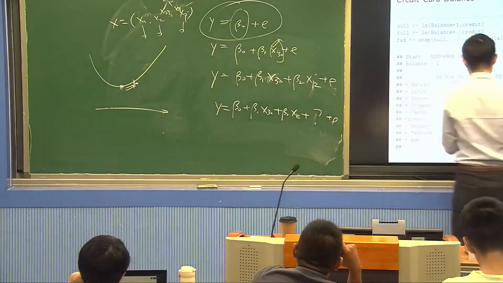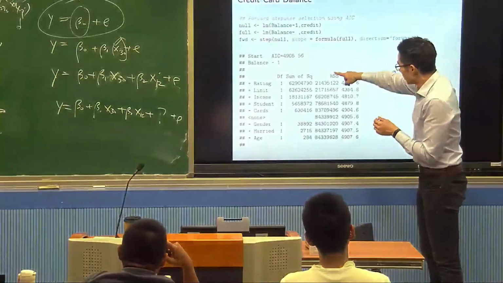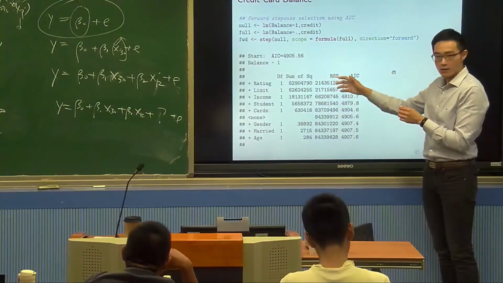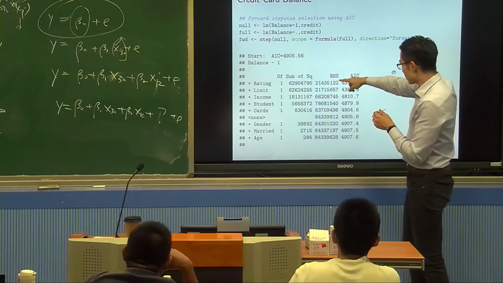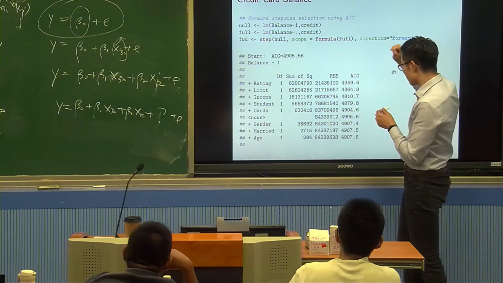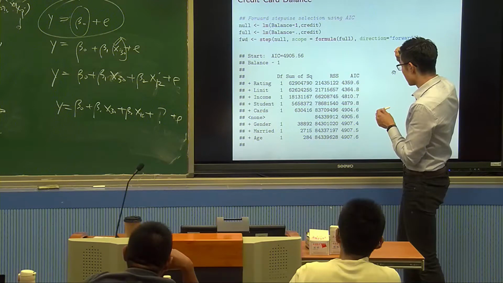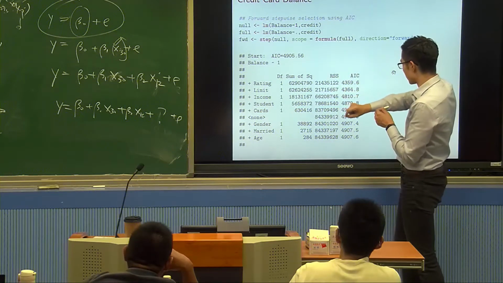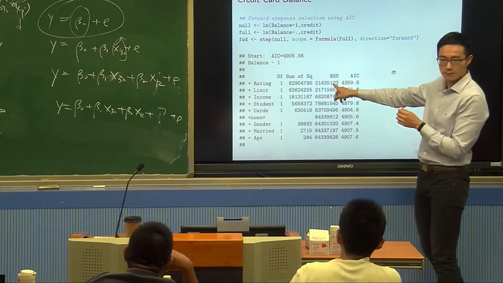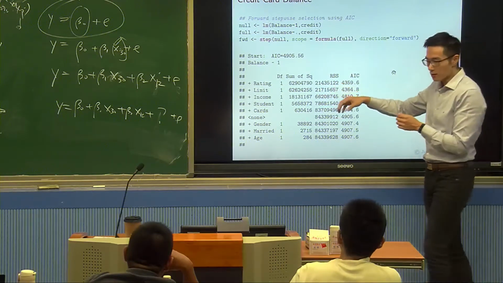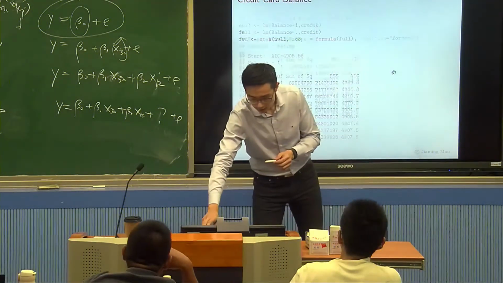To see that, we compare the RSS, the residual sum of squares. Look at which one gives me the lowest RSS. If you look at that, rating seems to give me the lowest RSS. So let's select rating.